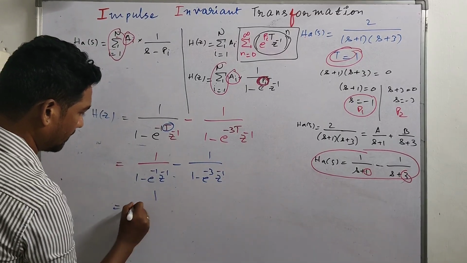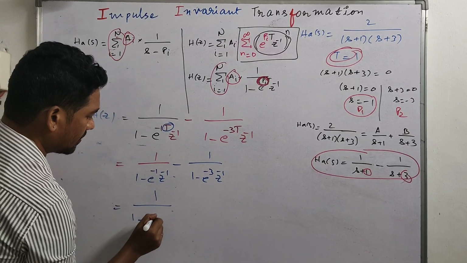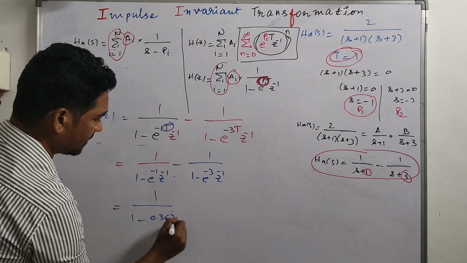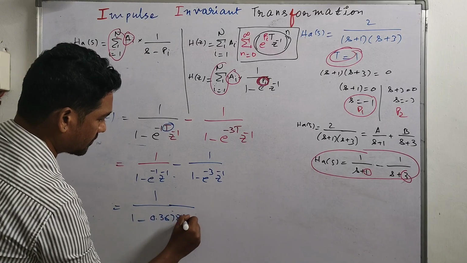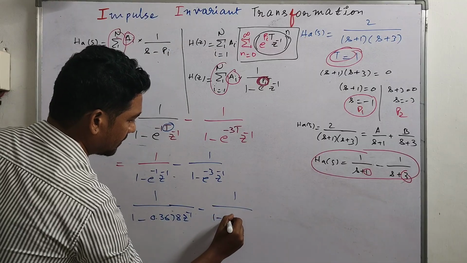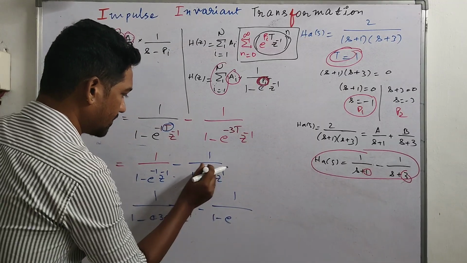So what values do we have? 1 upon 1 minus e raised to minus 1, which is 0.3678 if I'm not wrong, z raised to minus 1, minus 1 upon 1 minus e raised to minus 3.